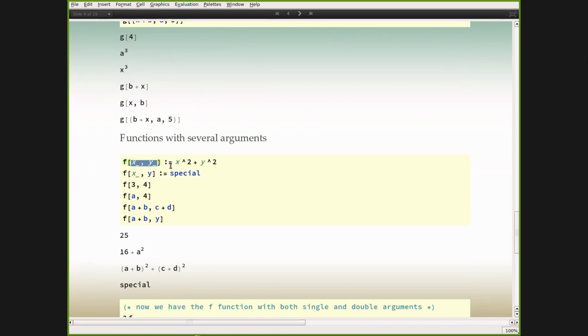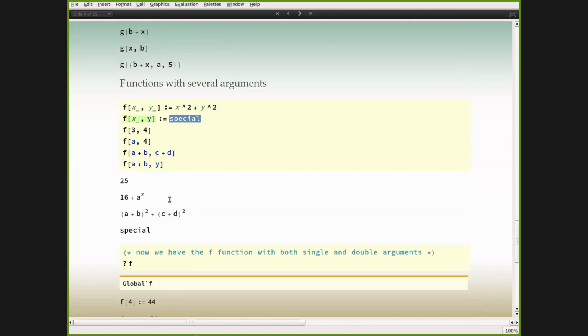Now I'm saying that it will be x squared plus y squared, but there is a special case. The first argument is any, and the second is y, and this is our special case. So you can see that when you specify something which has y at the second position, you obtain this special case, which is here.